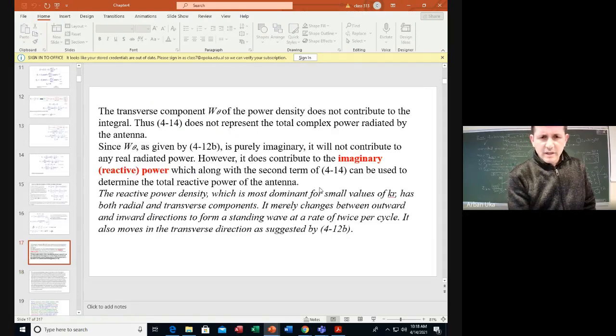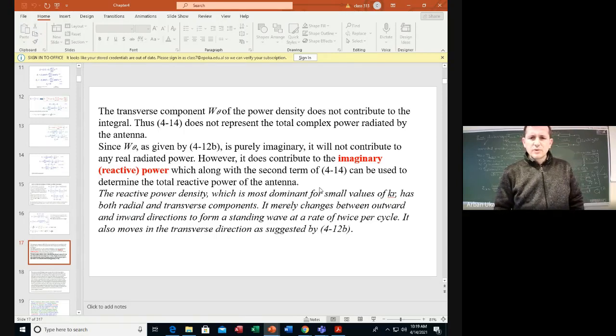It does not contribute, because this power, in fact, is purely imaginary, and this contributes only to the reactive power. Now, the reactive power density, which I'm just reading from the slide here, is the most dominant for small values of kr, and has both radial and transverse components.